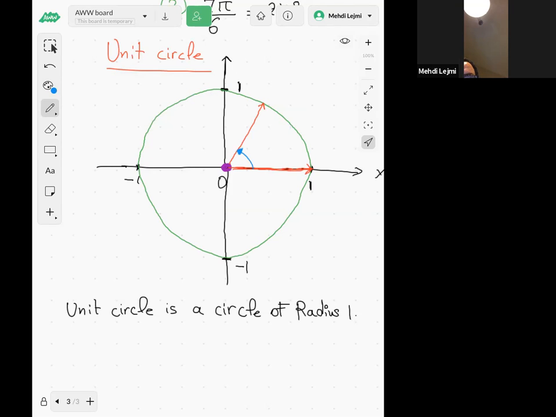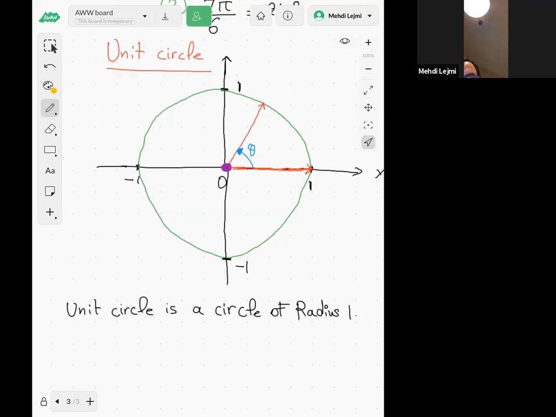So this is my angle theta. Now, guys, if you take this, there's a right triangle here. If you take this right triangle, let me pick a color. Let's go with yellow.